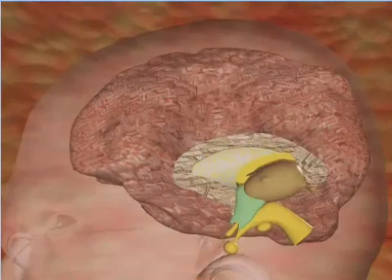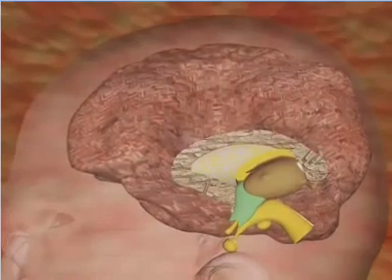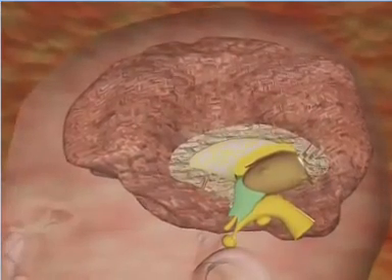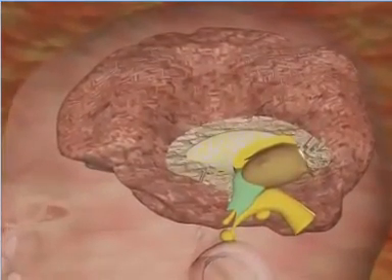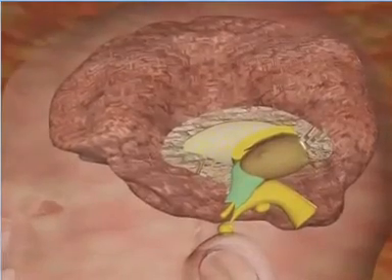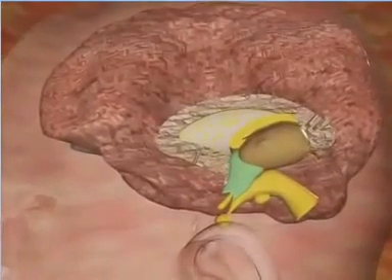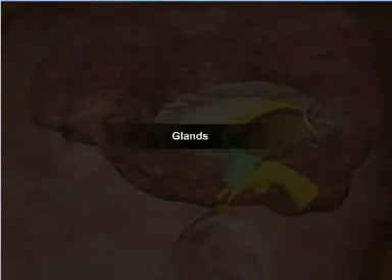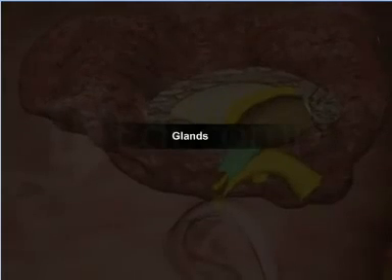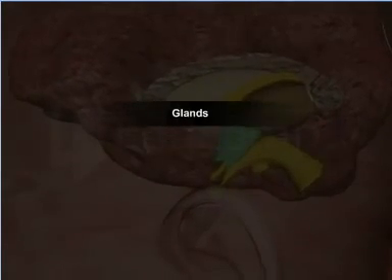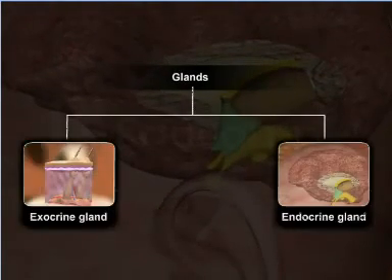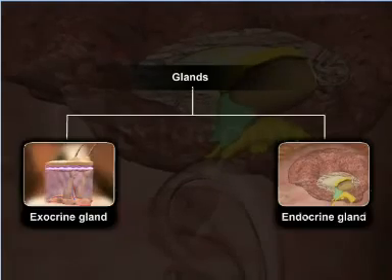Now that you've learned about the protective function of the epithelial tissues, it may be interesting to learn that the epithelial tissues help develop the glands. On the basis of the modes used by the glands to secrete their products, the glands are classified as exocrine and endocrine glands.